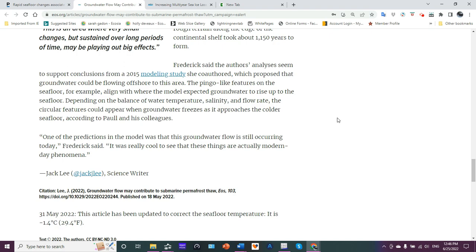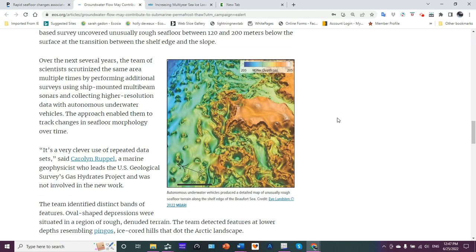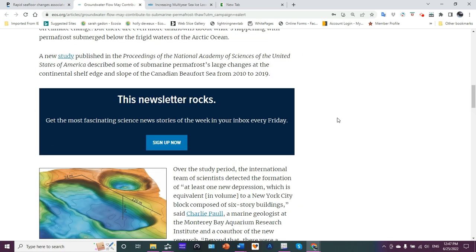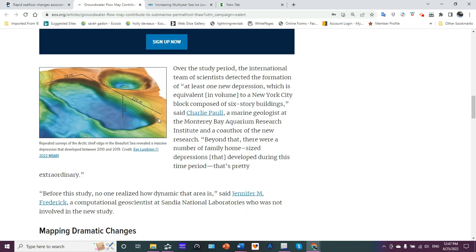One of the predictions in the model was that this groundwater flow is still occurring today. And so this is a very interesting development. So what does that mean?